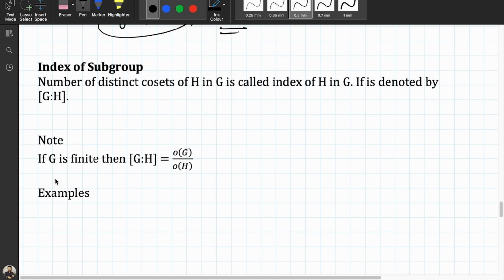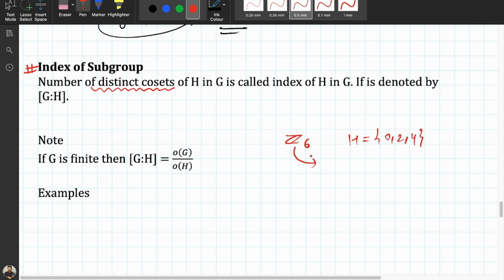Now the concept arises of index. What do you mean by index? The number of distinct cosets, whatever I explained, the number of distinct cosets, is nothing but the index of a subgroup. It can be defined using the order of the group divided by the order of H. Let's say I have Z6 and one H that is 0.